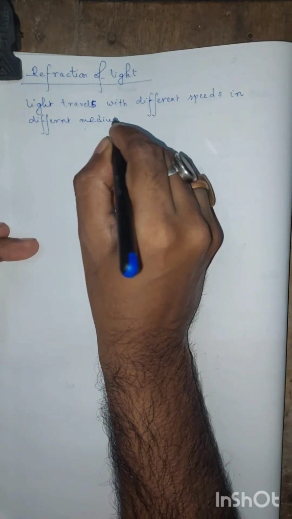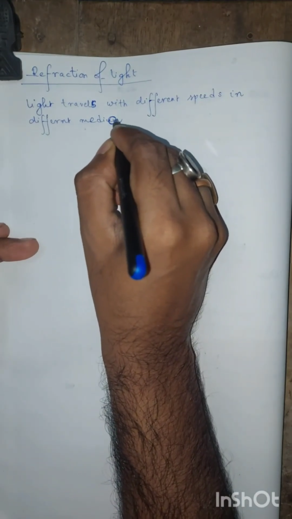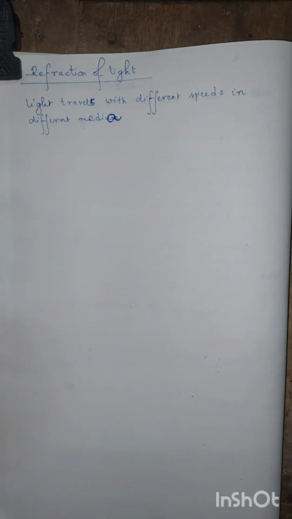The plural of medium is media. So the speed of light is different in different media.